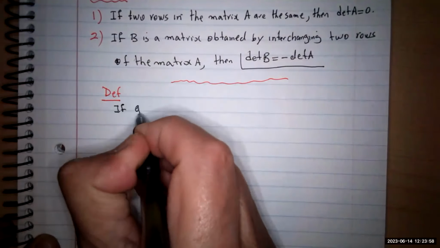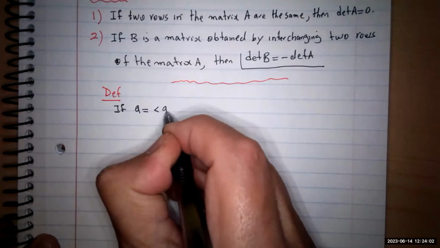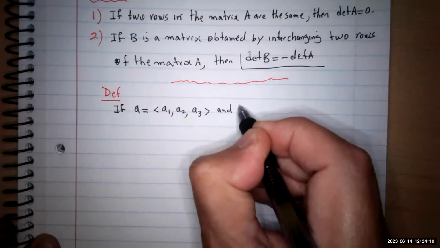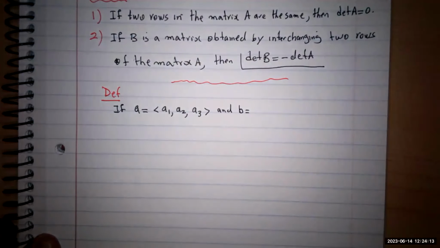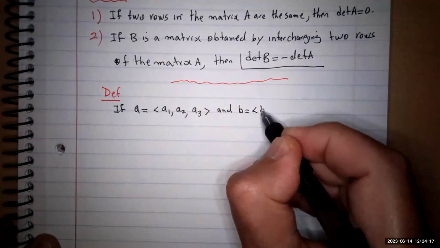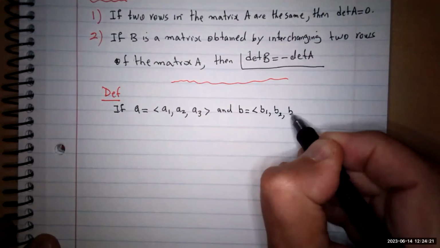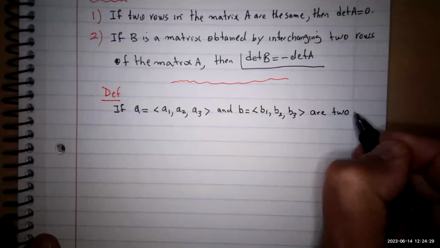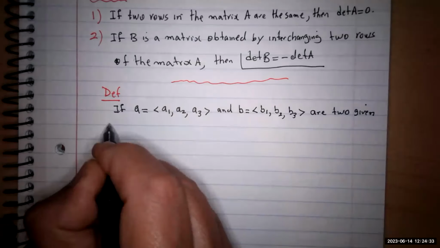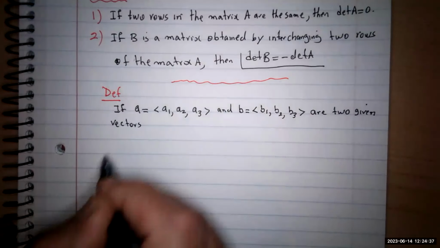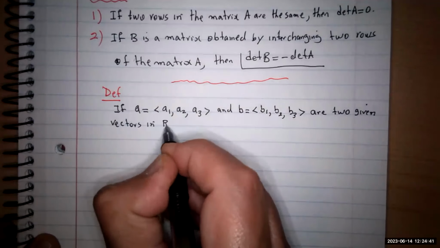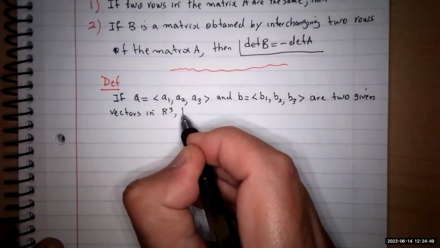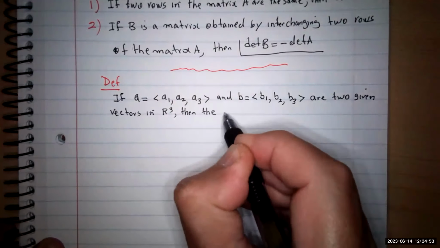So if A equals the first vector A1, A2, A3, and the second one B equals B1, B2, B3, these are two given vectors in R3, three-dimensional. Then the cross product.